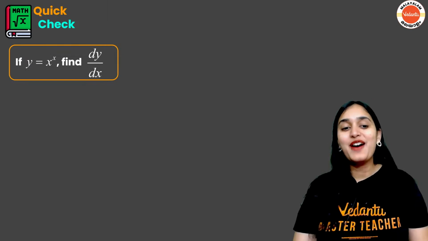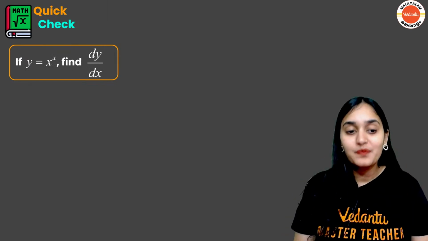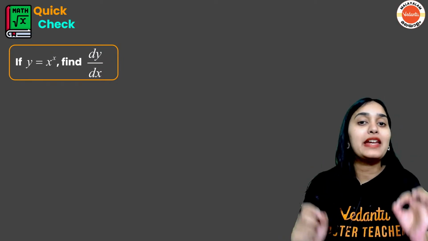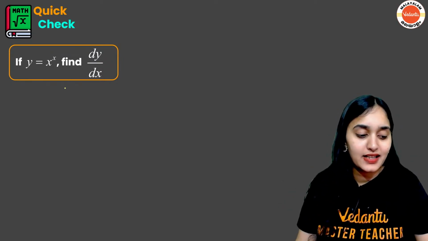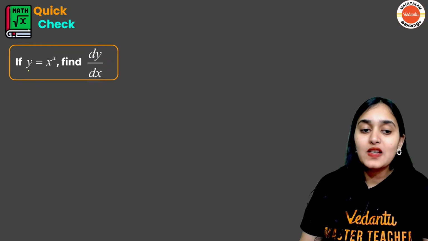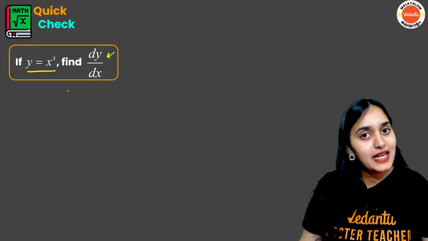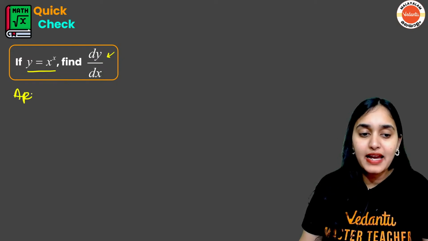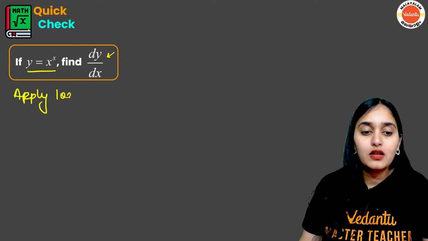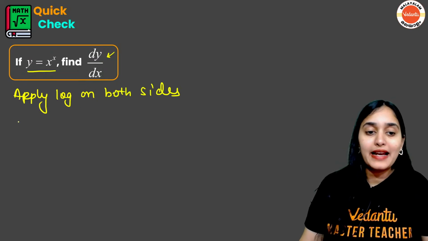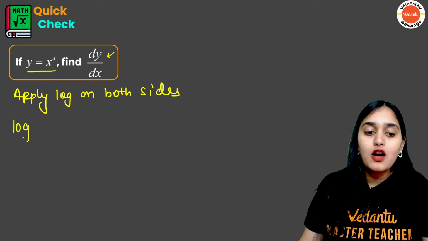Okay. Now, let me show you how we apply log for doing differentiation. My question is, y is x to the power x. Then what is dy by dx? Apply log on both sides. When you apply log on both sides, what do you get?